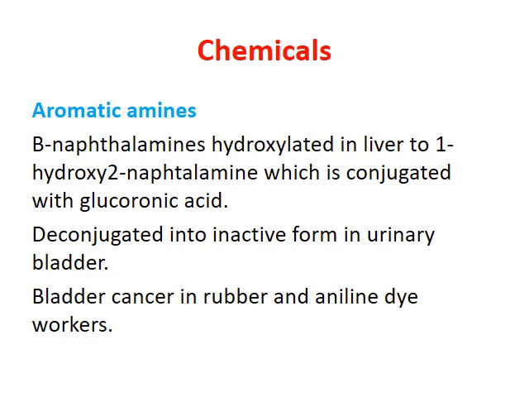Another example of indirect acting chemicals is aromatic amines. Example, beta-naphthylamine passes through hydroxylation in the liver to be converted into the conjugated active product, while deconjugation into the inactive component occurs in the urinary bladder. So the aromatic amine is associated with an increased risk of bladder cancer, especially in people working in the rubber and aniline dye industry.